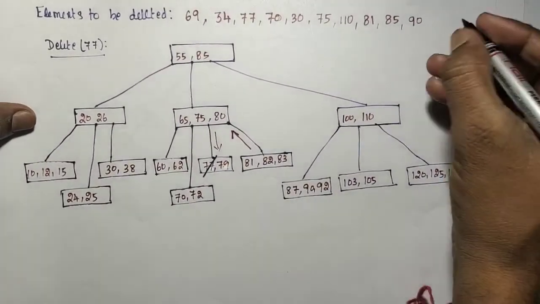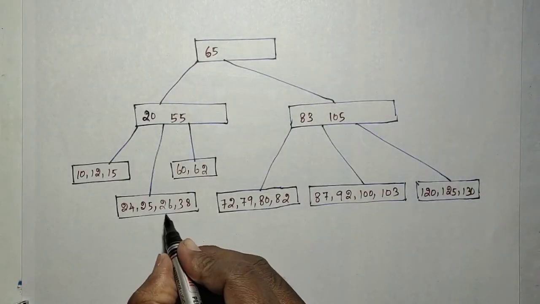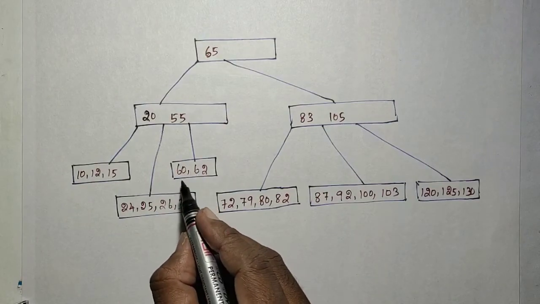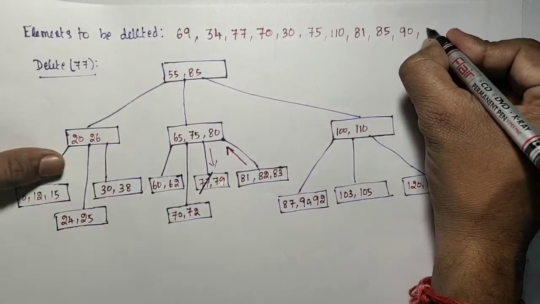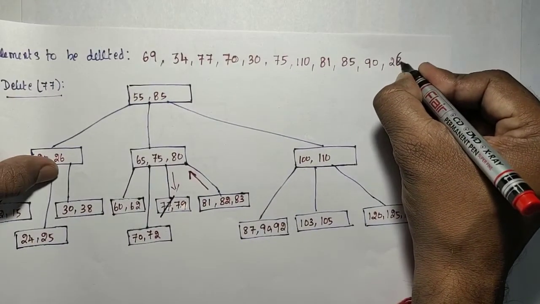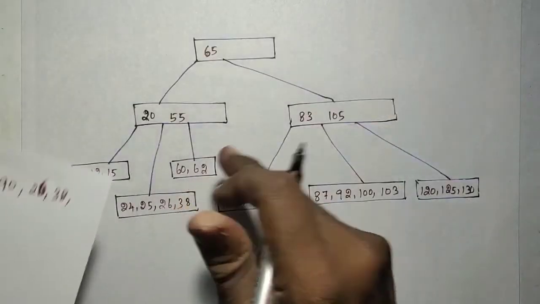Now we'll continue with three more elements: 26, 38 and 60.